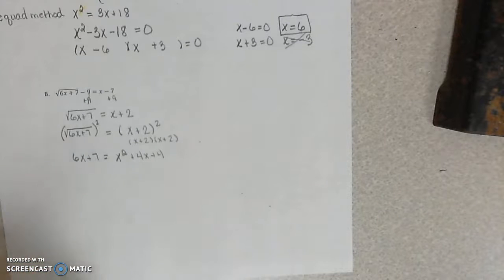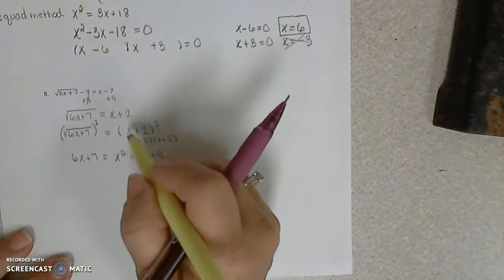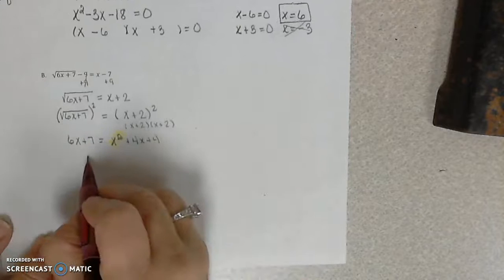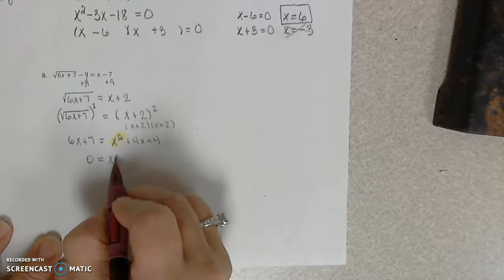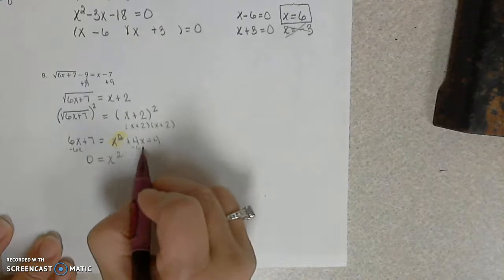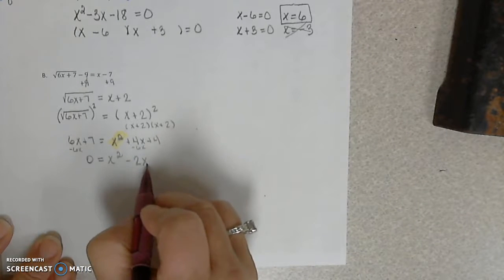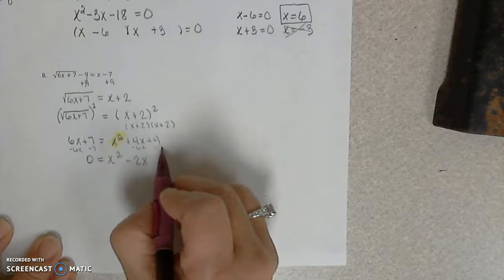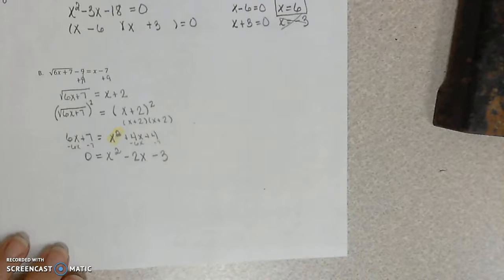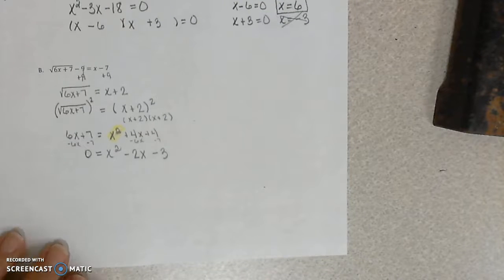Alrighty, you have another x squared term. So that means you have a quadratic type. We want to set that equal to 0 again. Subtract 6x from both sides, and then subtract your 7. And you come up with x squared minus 2x minus 3.